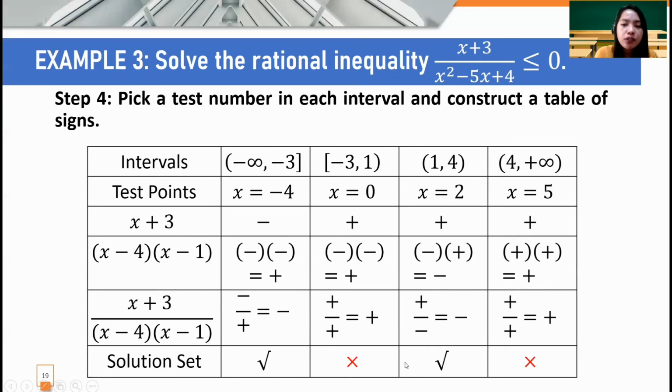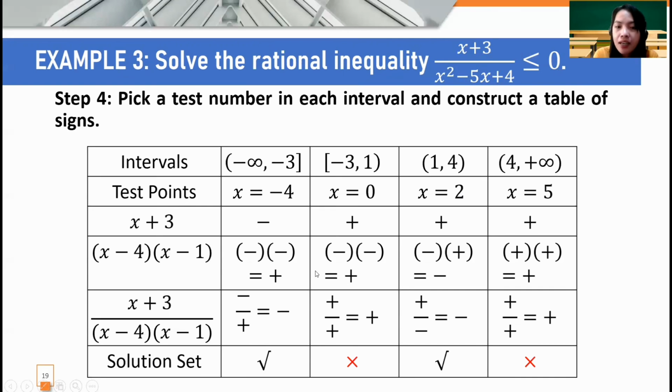Now, paano natin ma-determine yung solution set? All we have to do is to go back to the given rational inequality. Ano yung mga numbers na less than or equal to 0? Is that negative number or positive number? Ano yung less than or mas mababa sa 0?